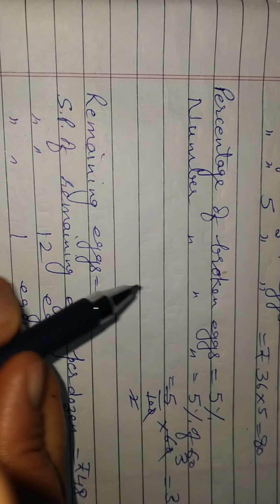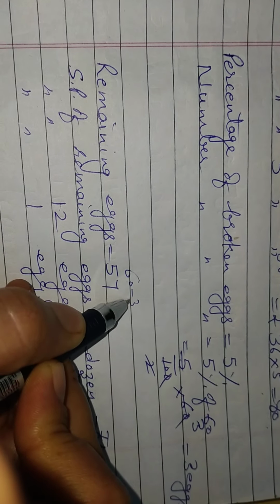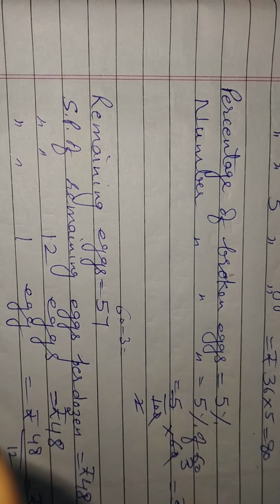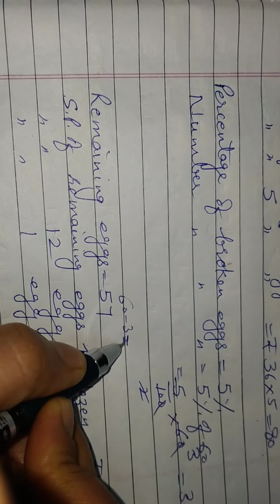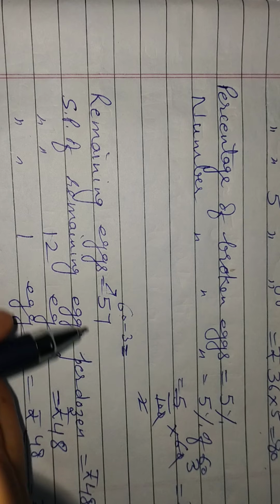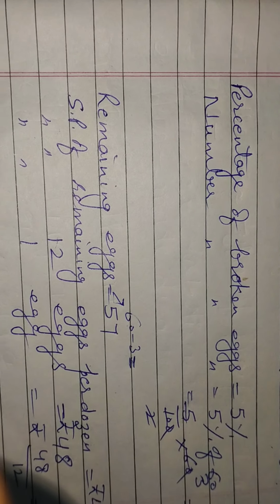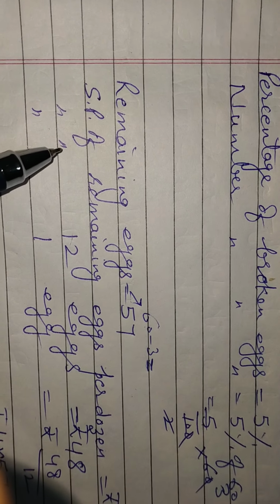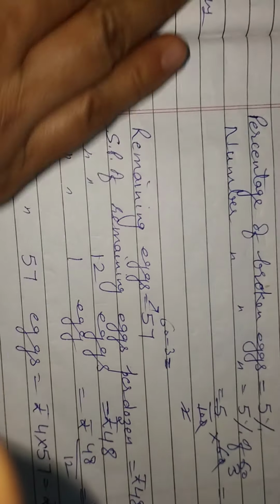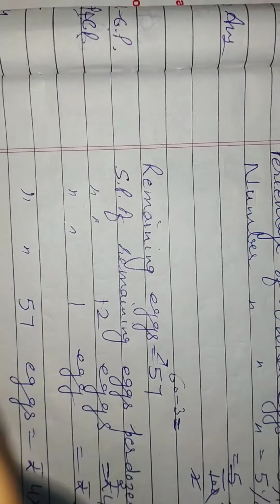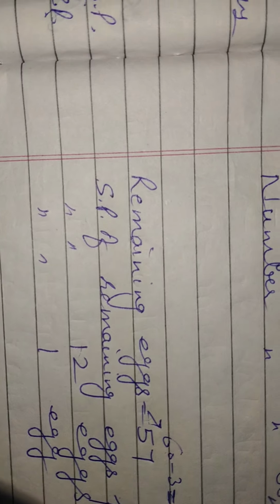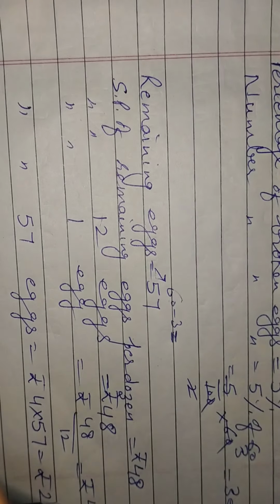You can write 60 minus 3 is equal to 57. Now it is asked that he sold the remaining eggs for rupees 48 per dozen.